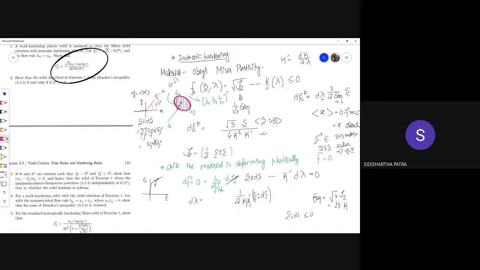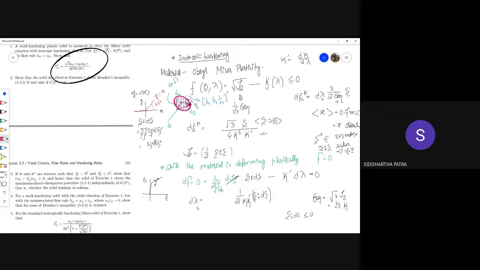So let's say right now, while having plastic deformation, you are at this point. This is your deviatoric stress. Hydrostatic stress plus deviatoric stress is your total stress. So what is your total stress? This quantity from the origin.